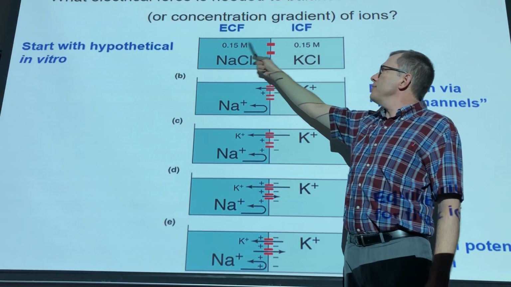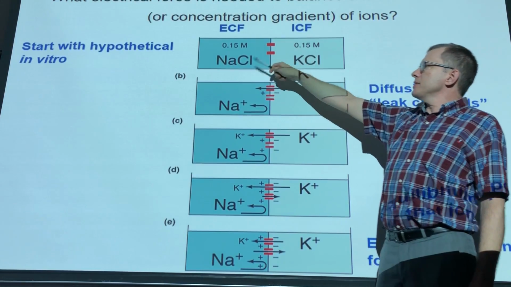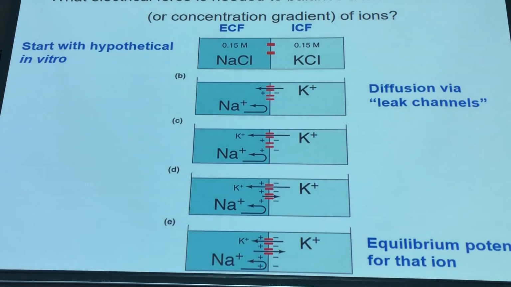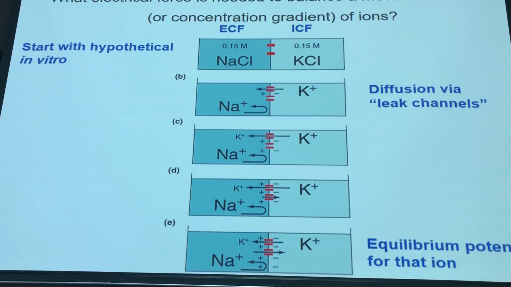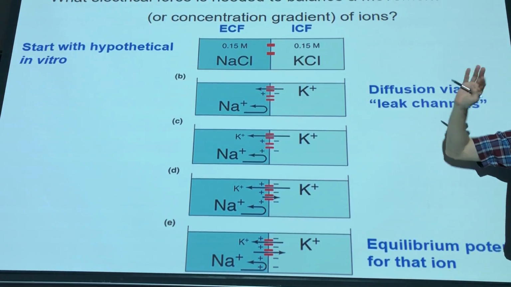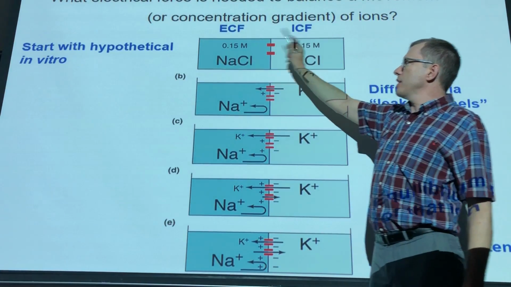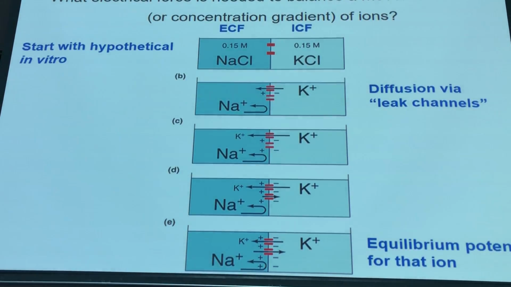We have the same concentration of sodium and potassium on either side, okay? And the charges are equal, okay? The valence of the ions is the same, okay? So we start with this fake scenario, the beginning, where we have closed channels, same charge, same concentration, okay?